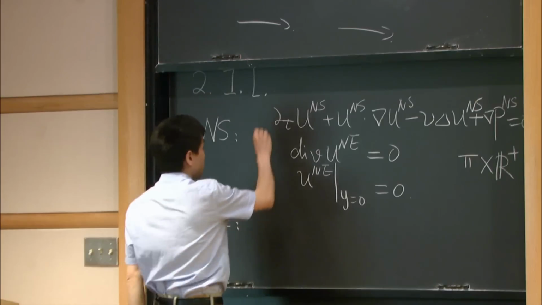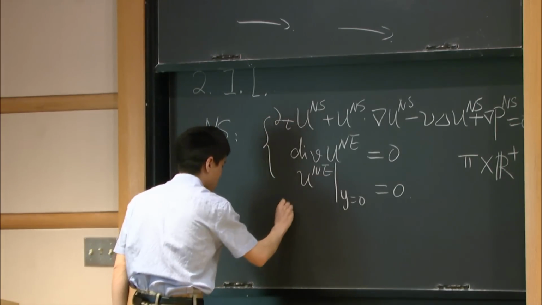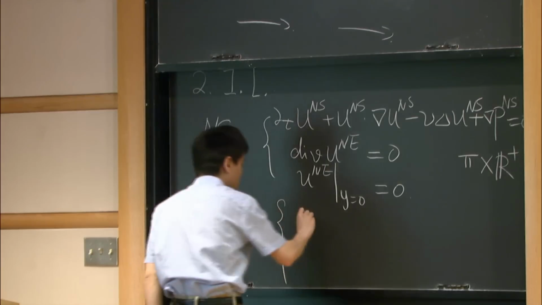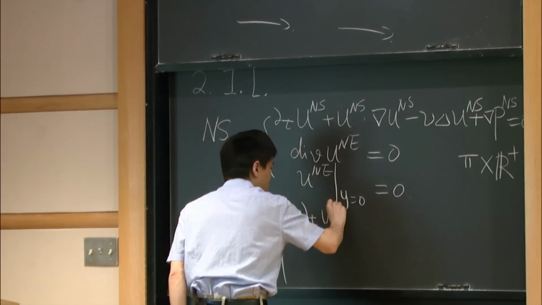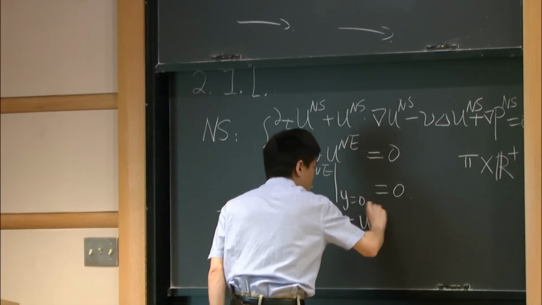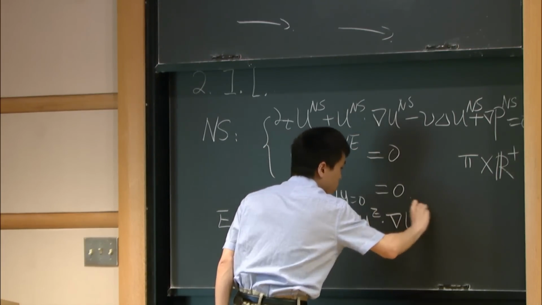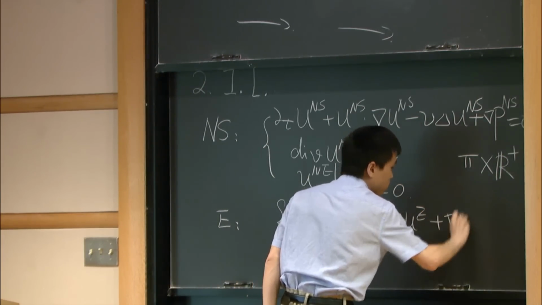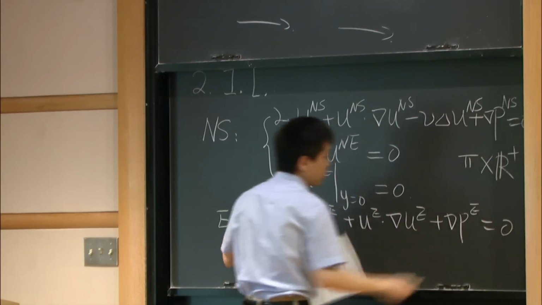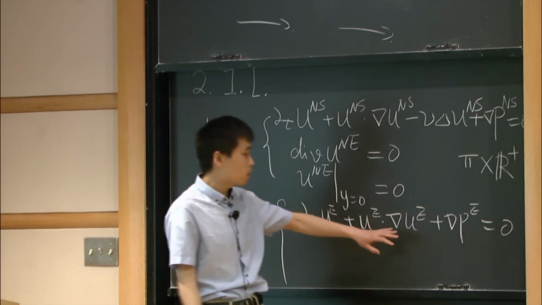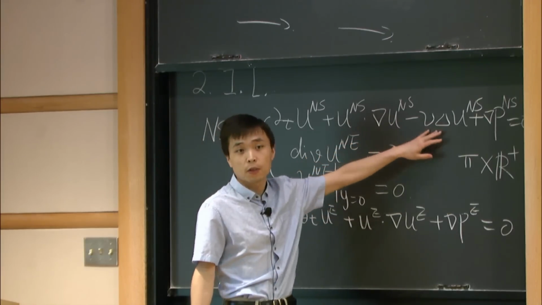This Euler equation is very much like the Navier-Stokes equation. Here, that's the Euler equation: d_t u^e plus u^e dot gradient u^e plus gradient p equal to 0. For the first equation, as you can see, the only difference is the viscous term.